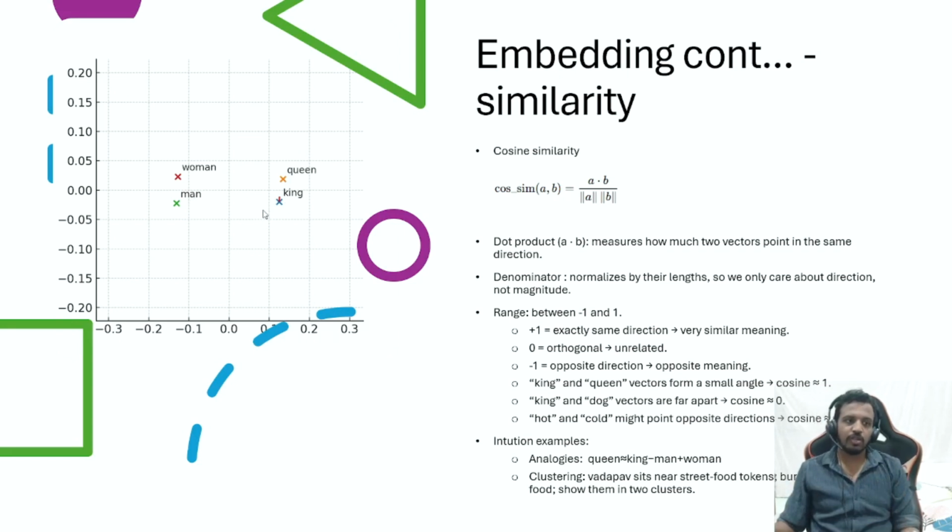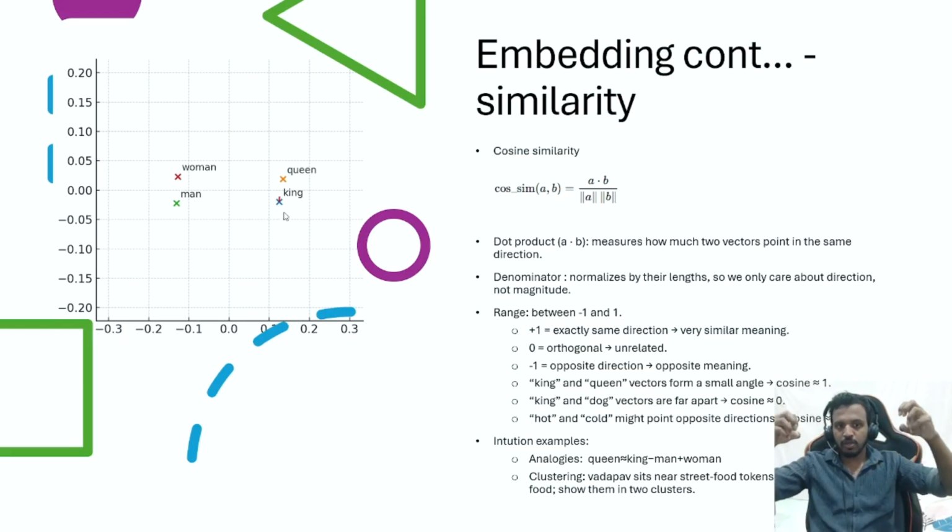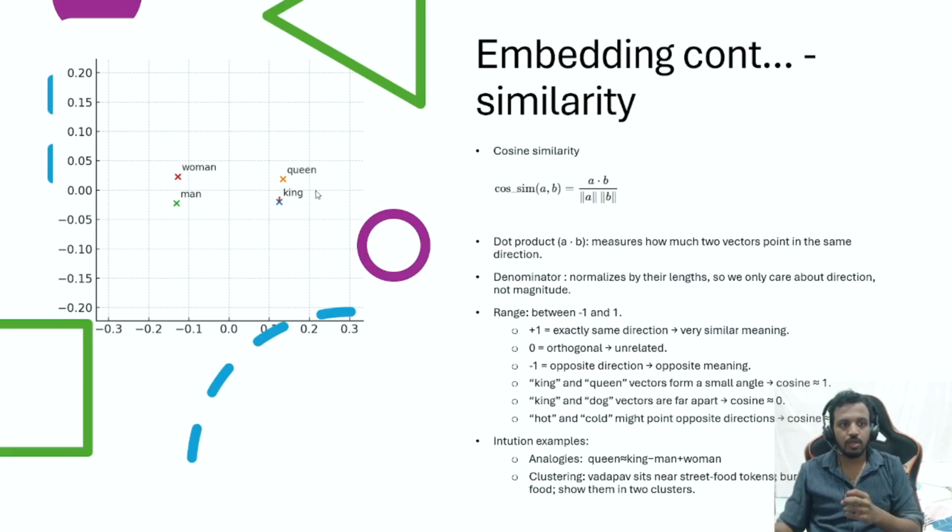If I know that men and women are similar in one point of view, then what is the result for king? The answer should be queen. So how will it understand? We should find what is the similarity between men and women. Let's say the answer is 226. So I need to find, with king plus 226, what is the word I will be getting. It should be queen, right? That's how we understand the similarity.